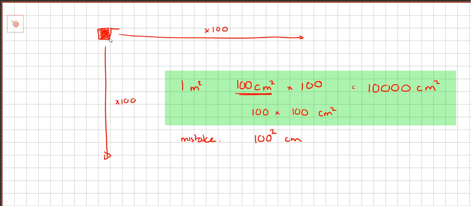So if I did 1, 2, 3, 4, 5, and so on, I'm not going to keep going, am I? But I would have how many in a line? 100. And then I have to have down this side as well. But imagine each one is a row, and each row has 100 in it. So I have 100 lots of 100 square centimetres. All right, make sense? Yeah.